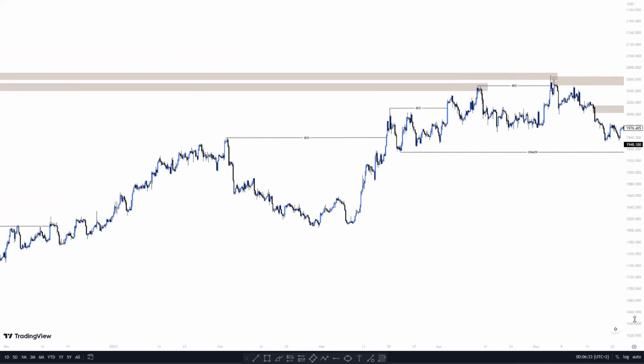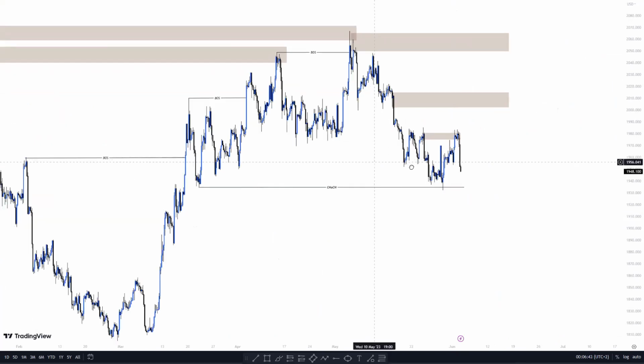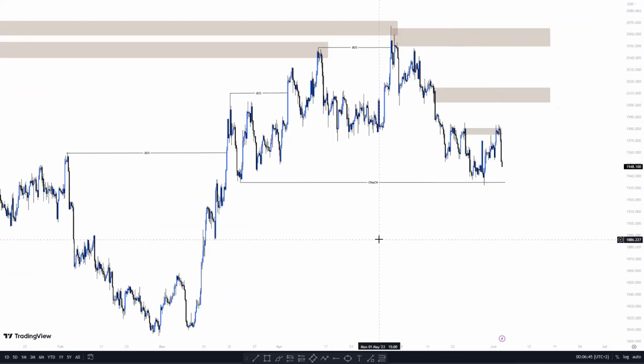So what I do is delete all the analysis and start redoing it if I haven't analyzed the pair for quite some time. So I'll just be doing that now.